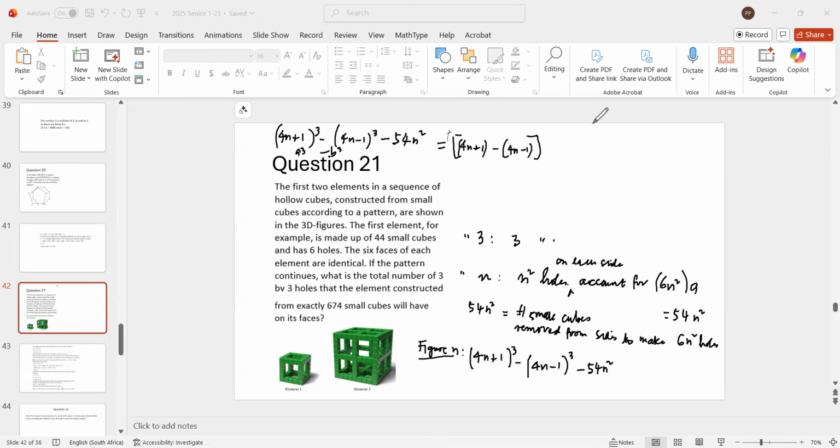It's a minus b into a squared, that's 4n plus 1 all squared, plus ab. So plus the product of these two. Well, I can see what the product is. It's 4n plus 1 into 4n minus 1. It's a difference of 2 squares. So it's 16n squared minus 1. 4n all squared minus 1. And then plus the square of the last one.